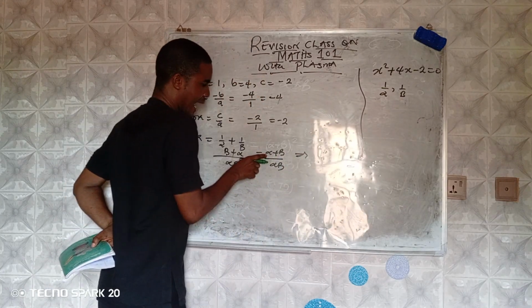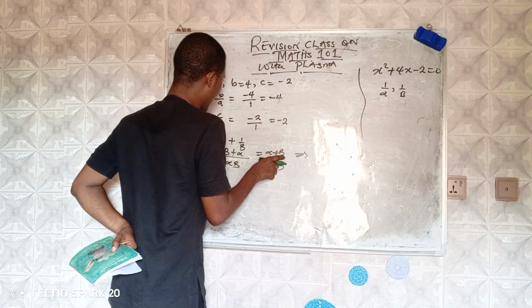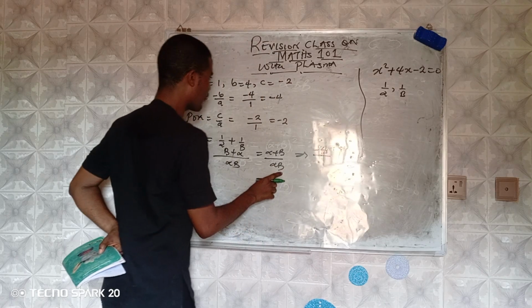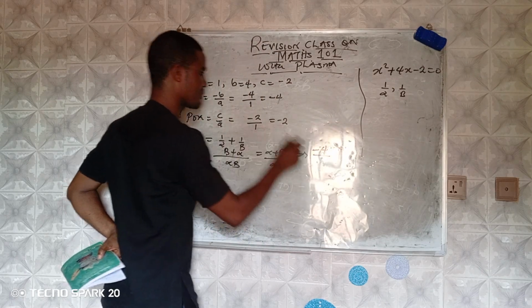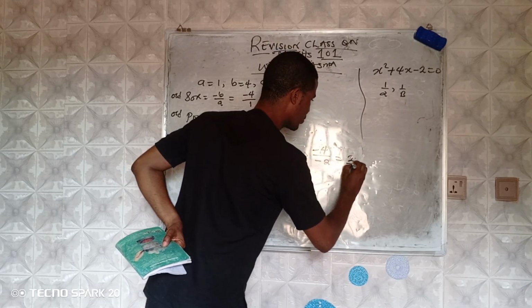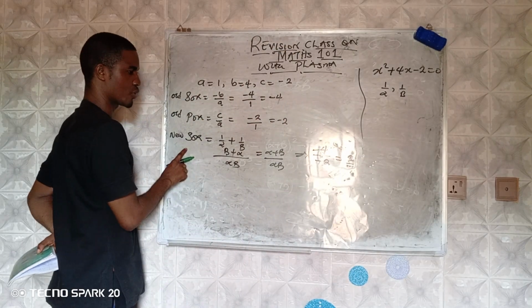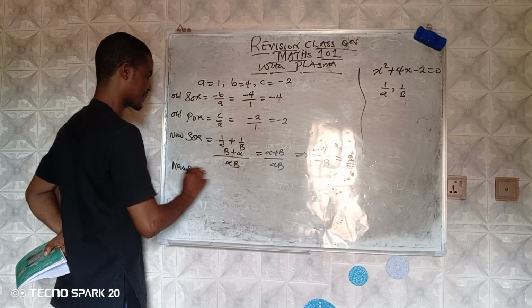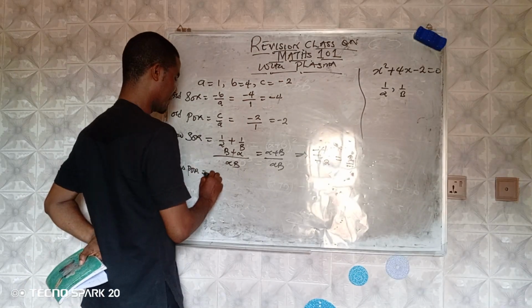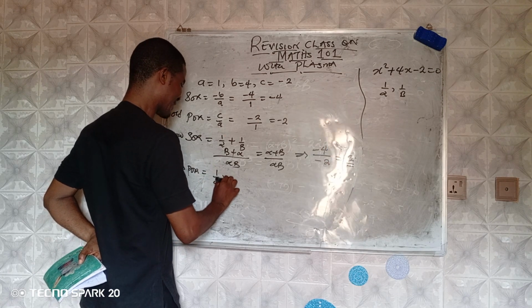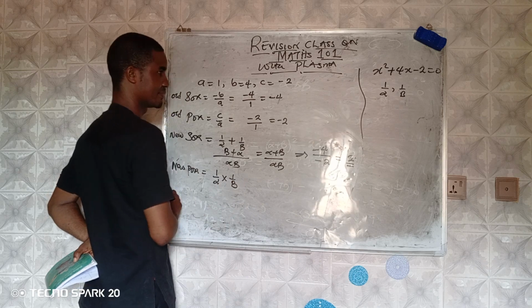So alpha plus beta, which is SOR, is minus 4. Alpha beta, which is POR, is minus 2. And that will give me 2. I've got my new SOR to be 2. My new POR is going to be 1 over alpha times 1 over beta.